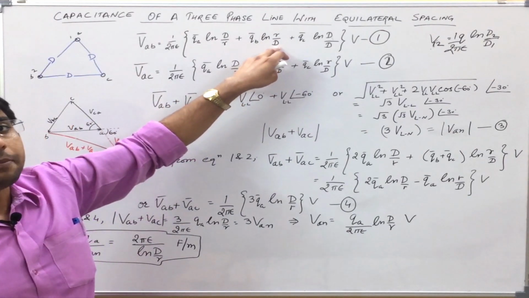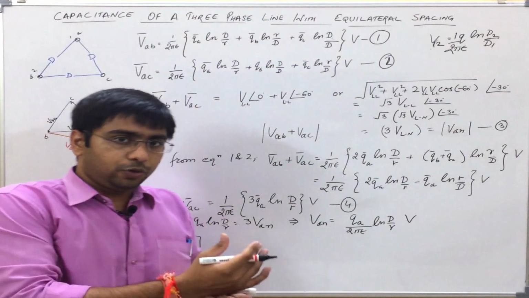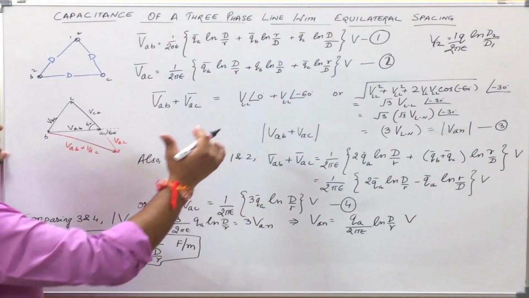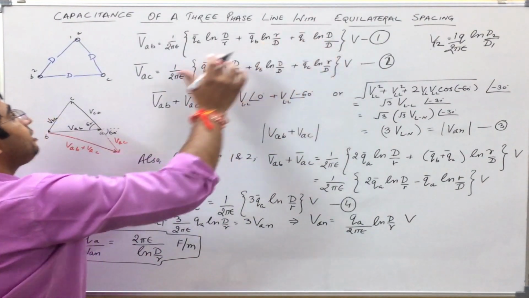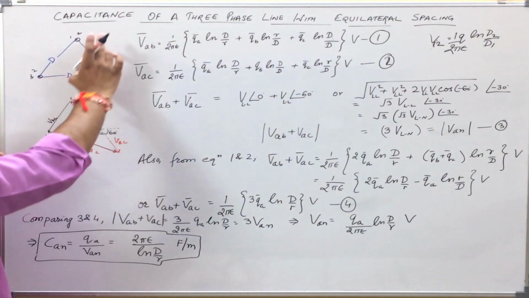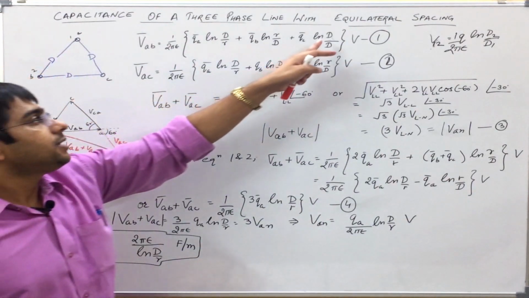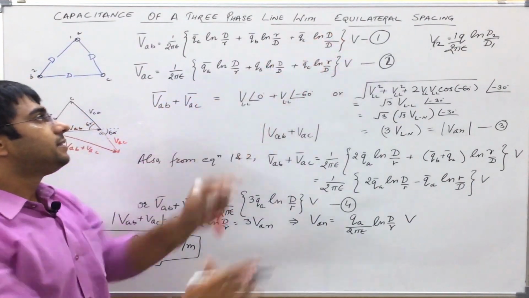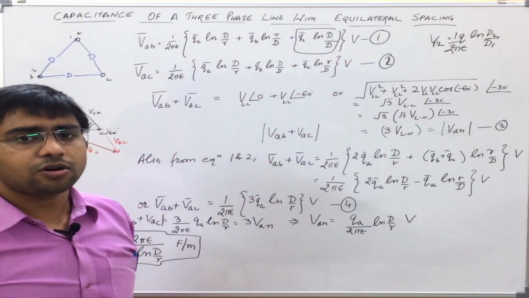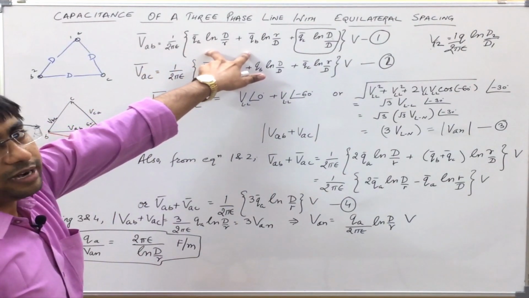So the expression will become QB natural log R by D. Now writing due to the charge QC, while writing D2 by D1, both points, point 1 and point 2, are placed at equal distances, that is D and D. So this expression will be 0 since it will come out to be natural log 1, which is 0. So these two terms will remain.